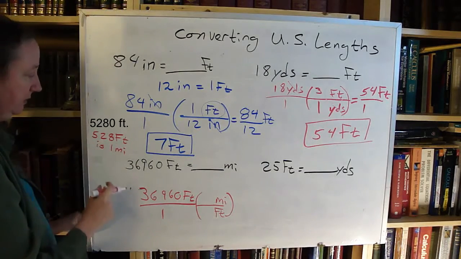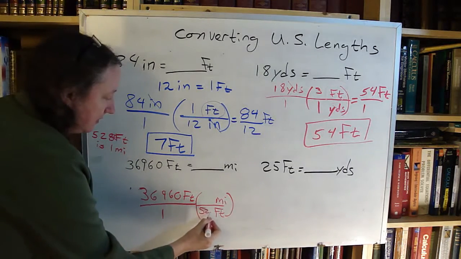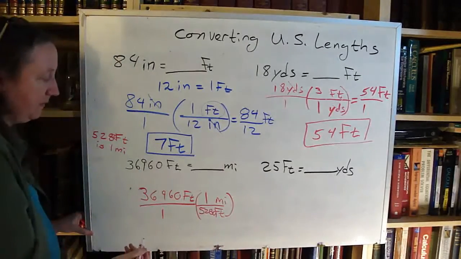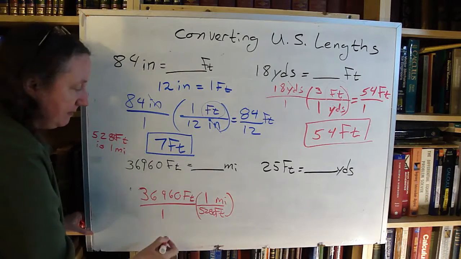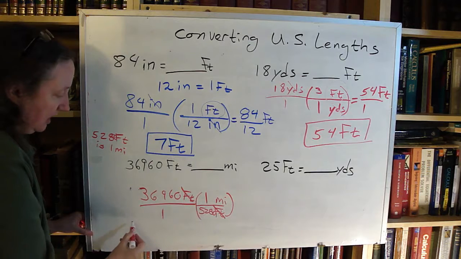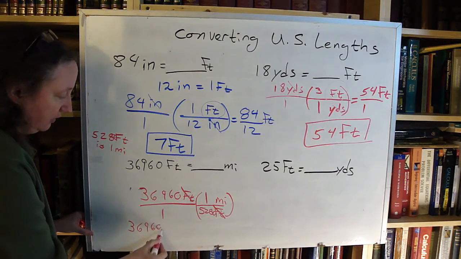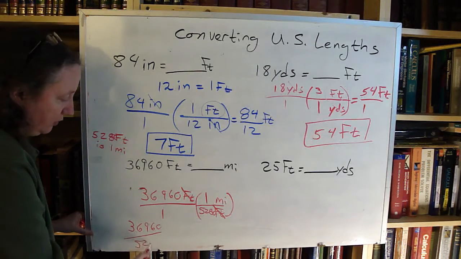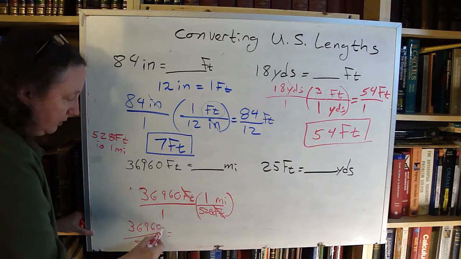Fill in my numbers, 5280 feet is 1 mile. Multiply the top, multiply the bottom, reduce, and I have 36960 divided by 5280. And this will be miles.